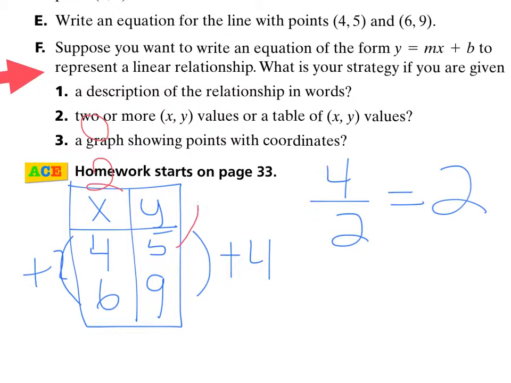So 5 minus 4 is 1, and then 1 minus 4 is negative 3. So there is my y-intercept. Putting those together, I can write an equation that says y equals 2, for my slope, times x minus 3, for my negative 3 y-intercept.